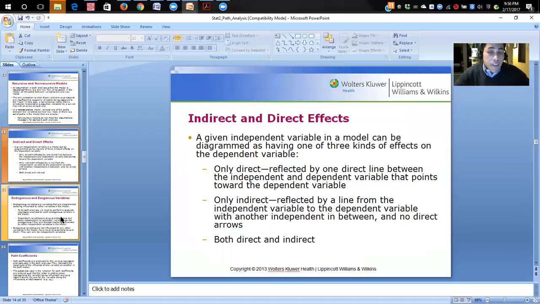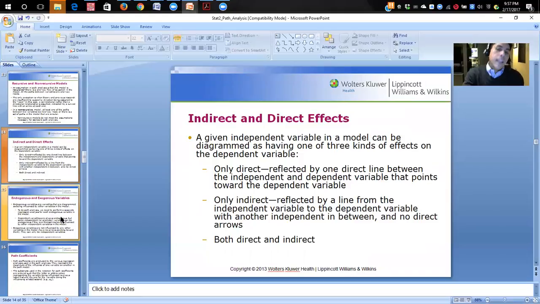So the indirect and direct effects are the highlight of path analysis. This is one of the research questions answered by path analysis. It looks at the direct and indirect effects of two or three independent variables, and then it calculates the total effect. So what is the direct effect? These are reflected by one direct line between the independent variable and the dependent variable that points toward the dependent variable.